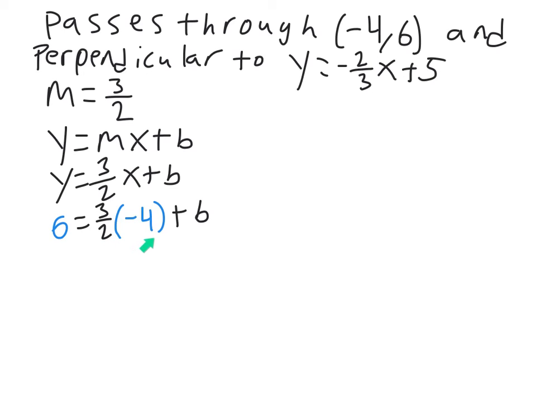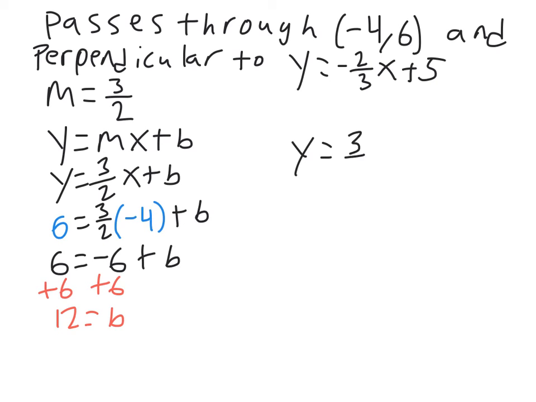So 3/2 times -4 is going to be -6 plus b. Then we add 6 to both sides, and that'll give us b = 12. So we plug that into our final equation. y equals the slope, 3/2, x plus the y-intercept b, which is 12.